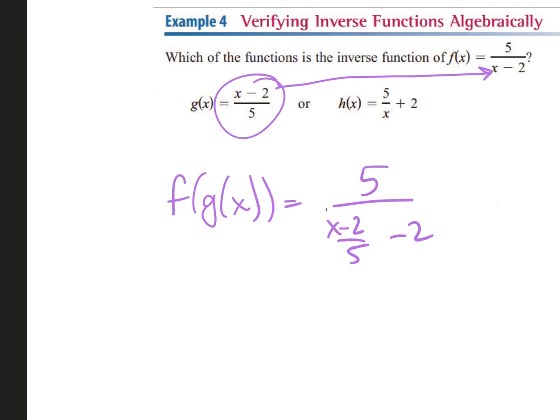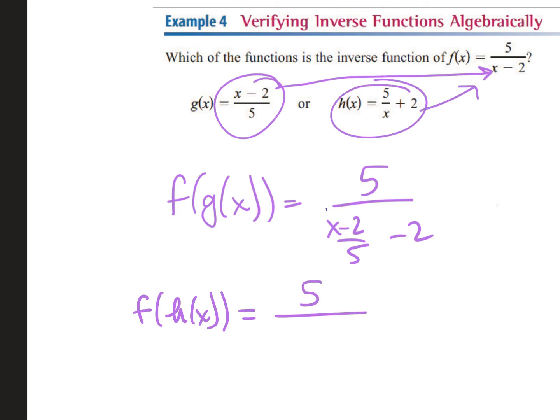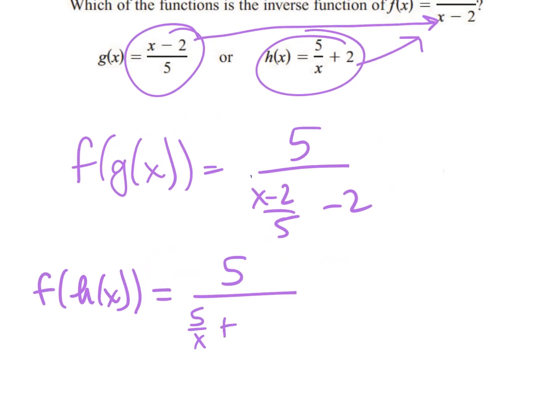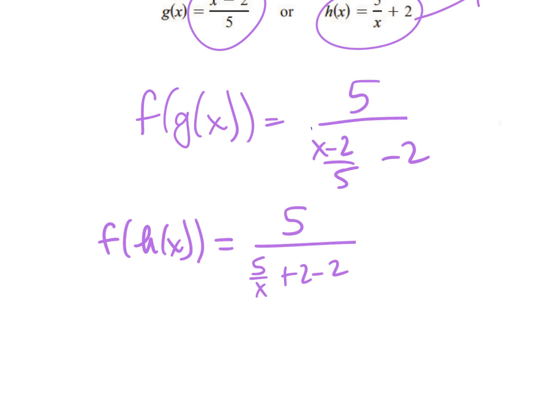Let's try to take the h function. Well, no, let's do f of h of x. Let's try that one. Take the h and plug it into f. So I have 5 over x plus 2 minus 2. If I simplify from the inside out, what happens with the 2's?